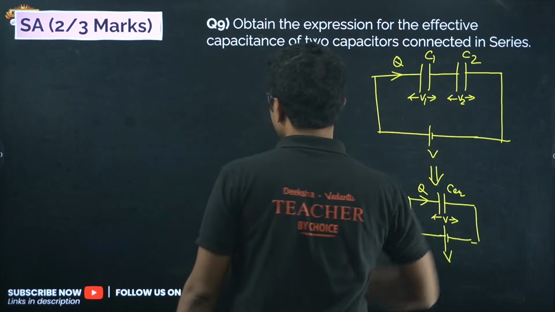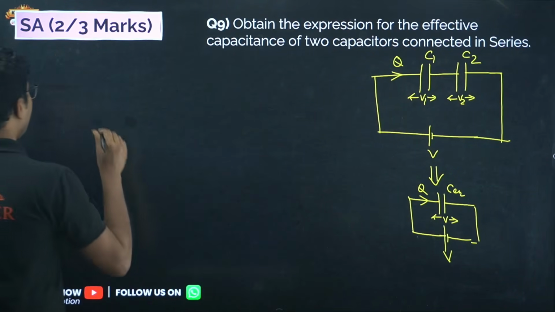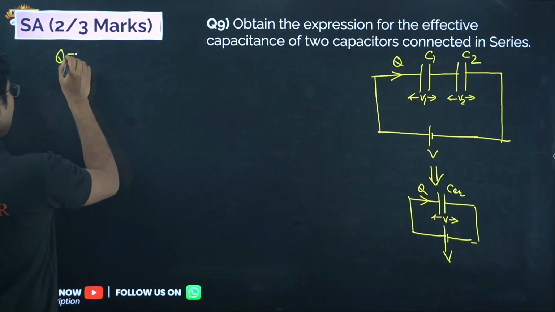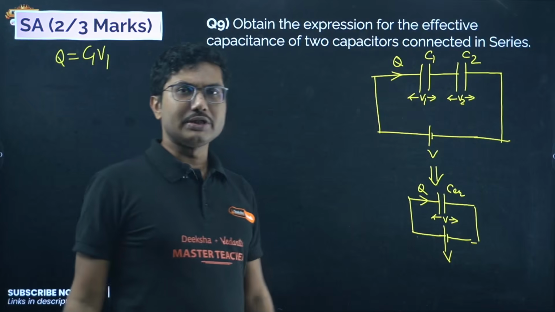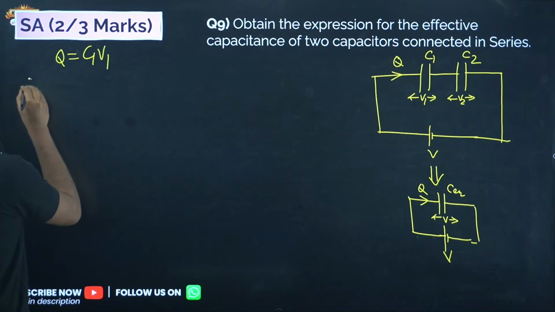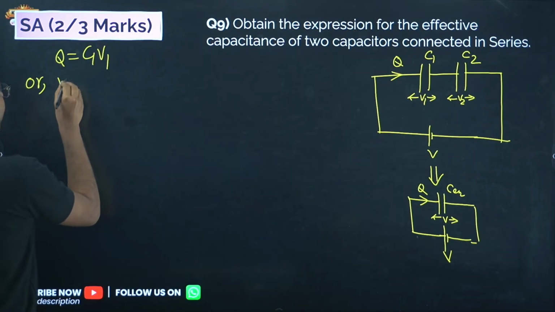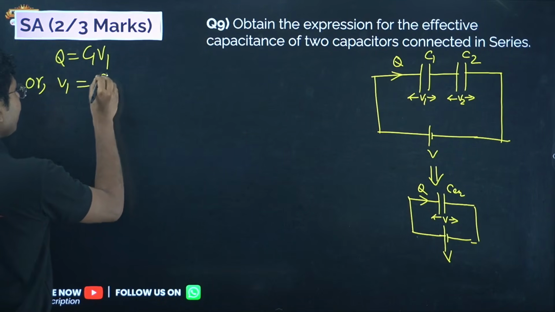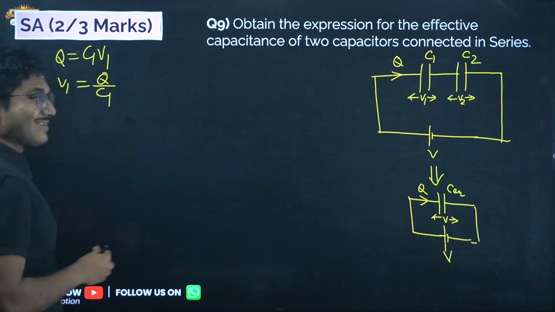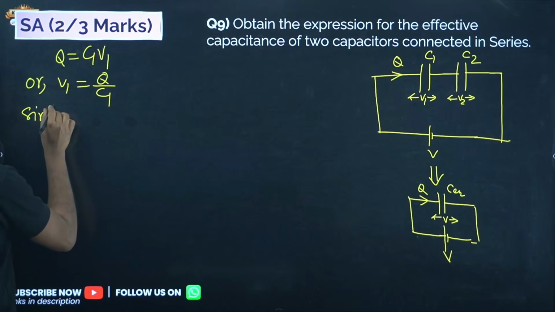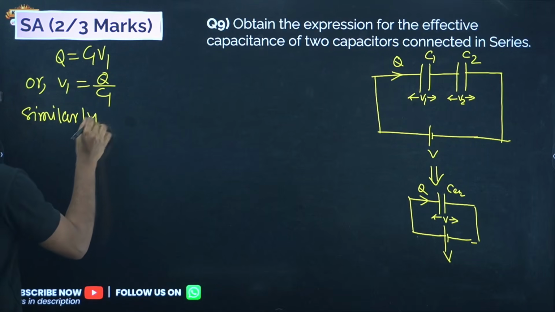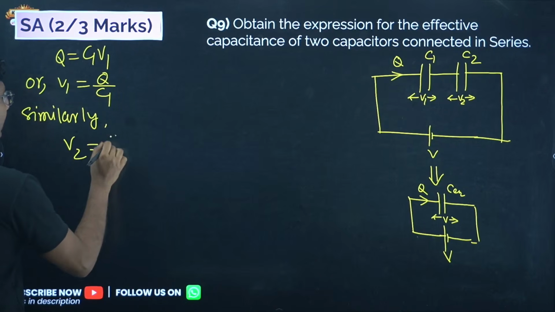Now you have to use the law, that is Q equals C1 V1, or V1 equals Q upon C1. Charge is the same. Similarly, we can say that V2 will be Q upon C2.